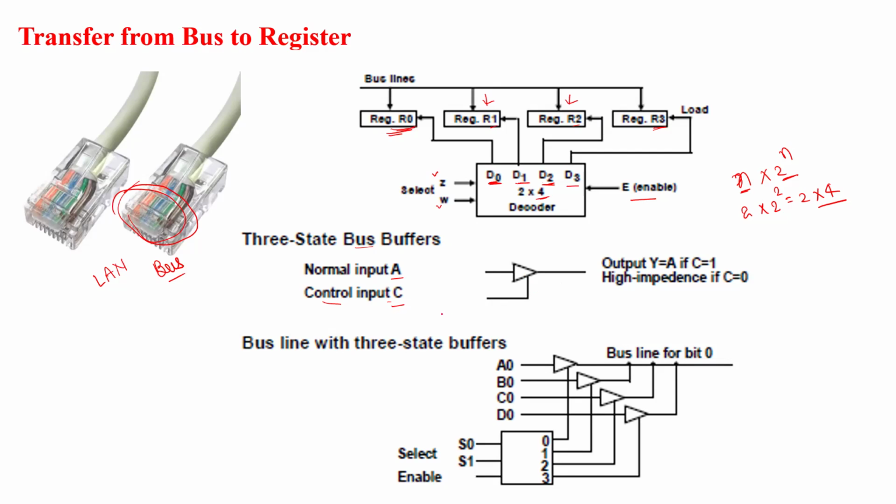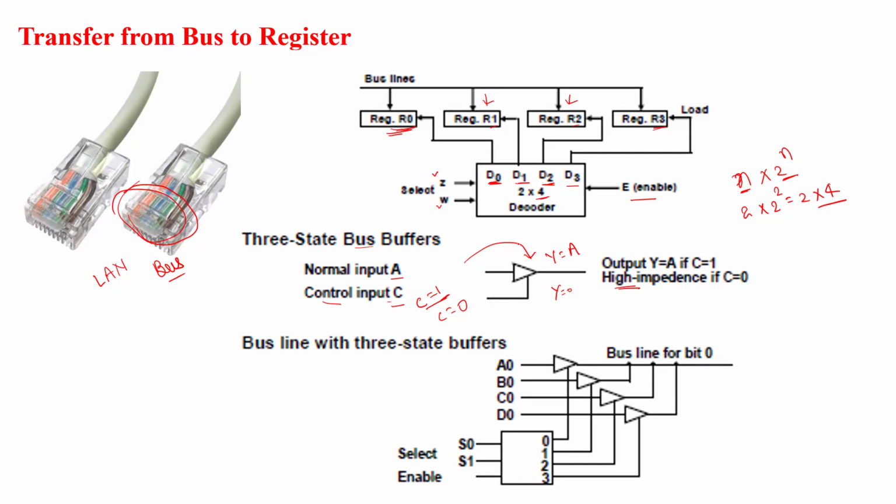What happens if C equals 1? We have low impedance, and low impedance means the A input will be transferred to the output, so output Y will be the same as A. When C equals 0, the output will have high impedance, so finally the output is in the low state. Whenever we want to transfer the information, we have to make C equal to 1.